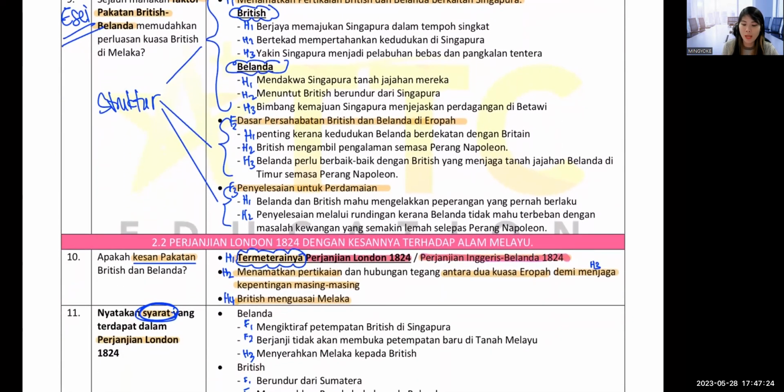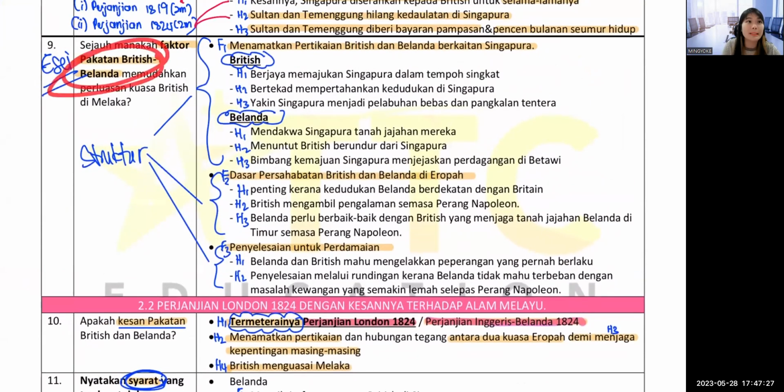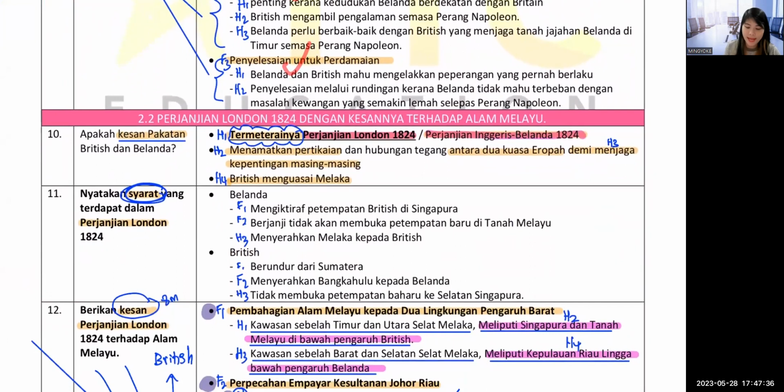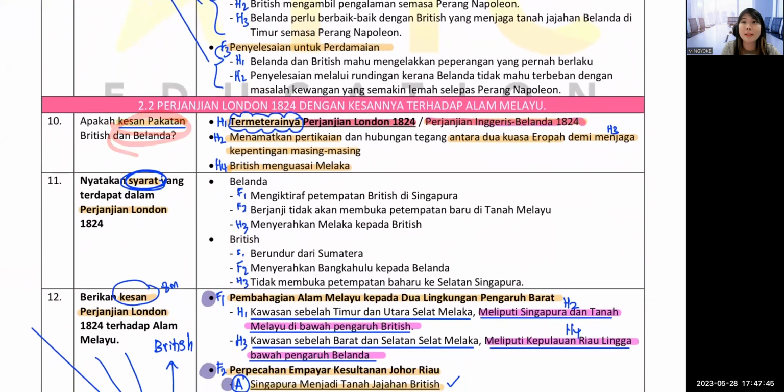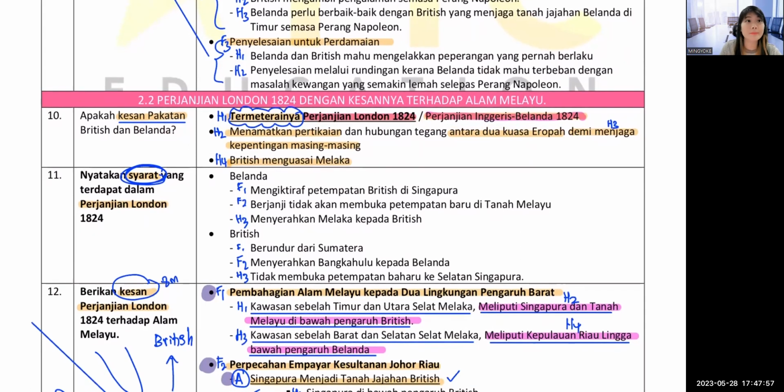Yeah. So guys, the moment when British and Belanda factor sebab Pakatan, you have factor 1, factor 2, factor 3. Of course, then they sign the Perjanjian. When they cooperate, they sign the Perjanjian. All right, Kesan Pakatan, guys, the most important one is Perjanjian London, 1824 was signed. This Perjanjian London has another name called Perjanjian English Belanda, 1824, guys.